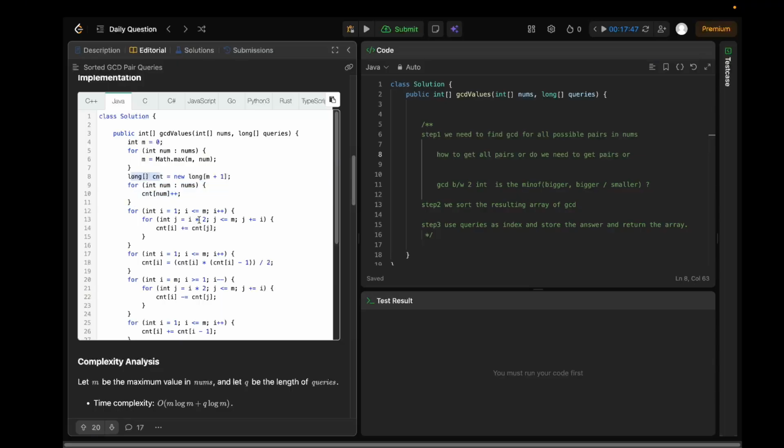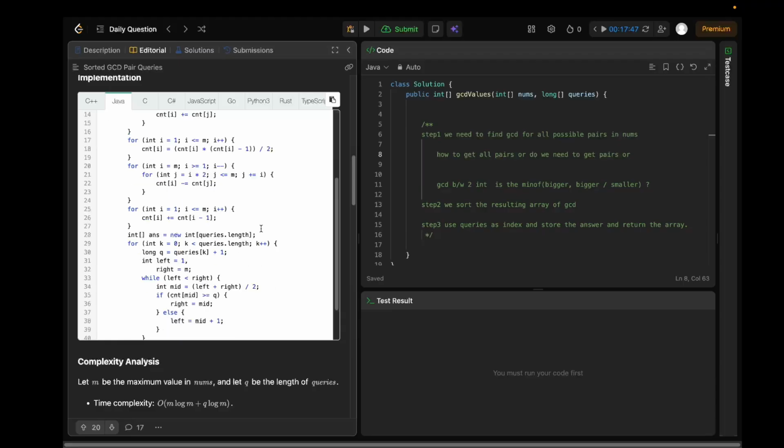Then we loop from I equals 1 to the maximum value, and for all multiples of I, count of I would be how many times that value appears. So if I is 2, count of I is 2. 2 is not the greatest, but it is a common divisor of all the even numbers. For each value we add it to its count.